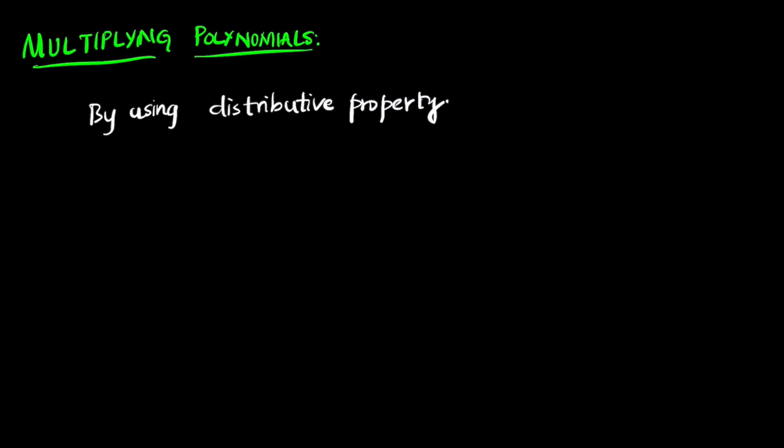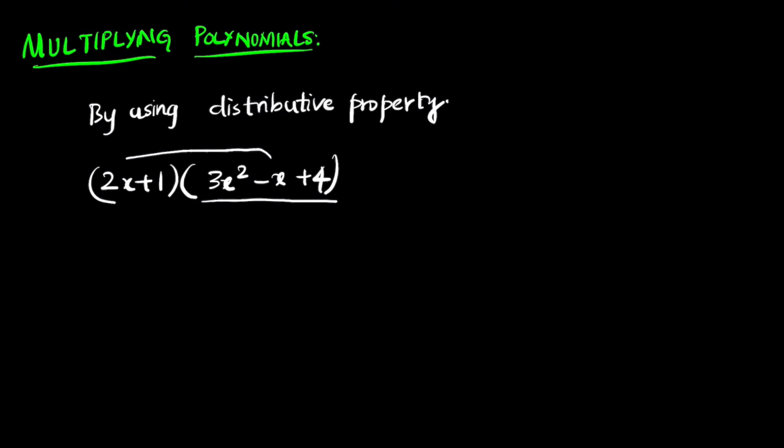Whenever we multiply two terms, how would we multiply them? Let's say I have the product 2x plus 1 times 3x square minus x plus 4. How to multiply using the distributive property? First, distribute the entire polynomial and multiply it with 2x, and then distribute the entire polynomial and multiply it with 1. So how will you do that?